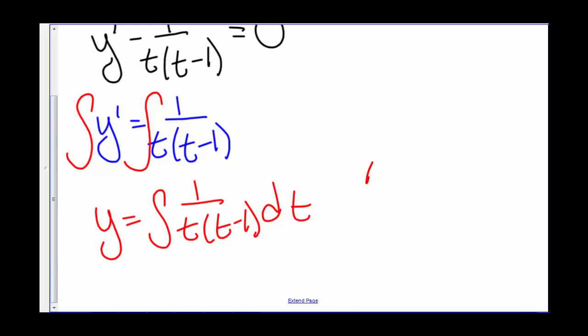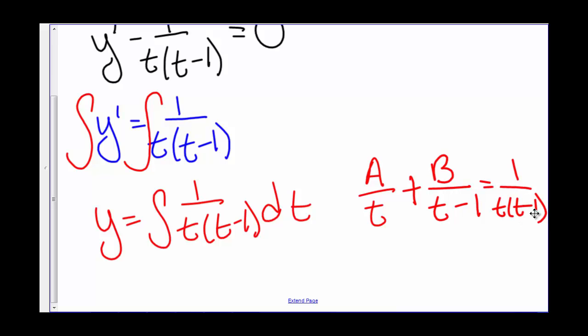So we have A/t + B/(t-1) = 1/(t(t-1)). So that means that A(t-1) + Bt = 1. So At - A + Bt = 1. So At + Bt = 0, and -A = 1.